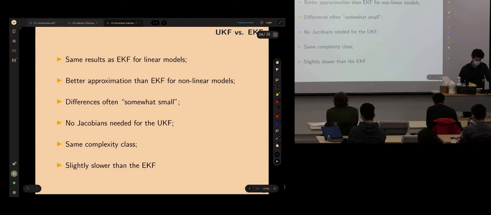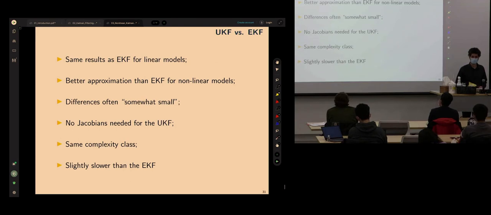So a lot of the time you get similar results, a better approximation for nonlinear models. No Jacobian needed, slightly slower. Sampling becomes inefficient as your state dimension grows. EKF does not have that problem, right?